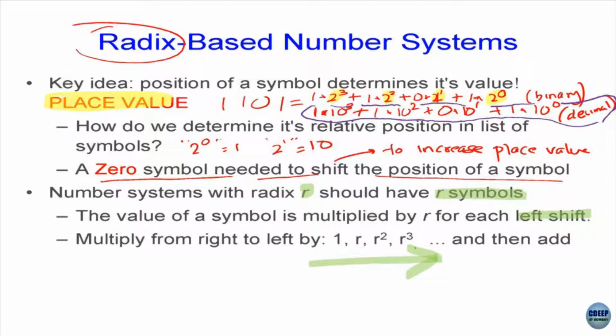The key idea is that you have something called place value. So for example, if I give you 1, 1, 0, 1, in binary how would you expand this? One into 2 raised to 3 plus 1 into 2 raised to 2 plus 0 into 2 raised to 1 plus 1 into 2 raised to 0.